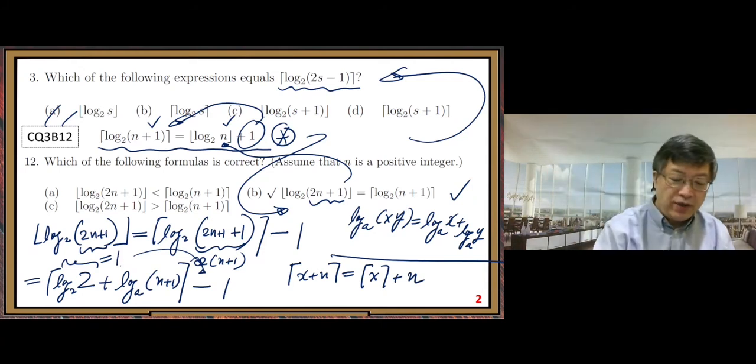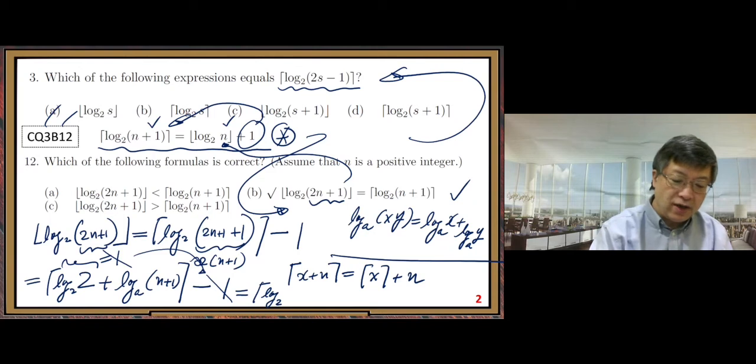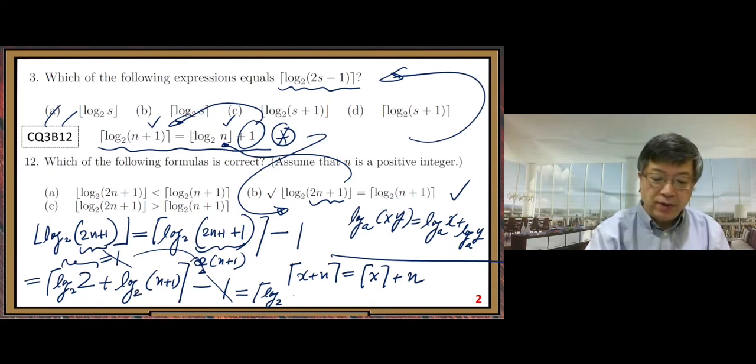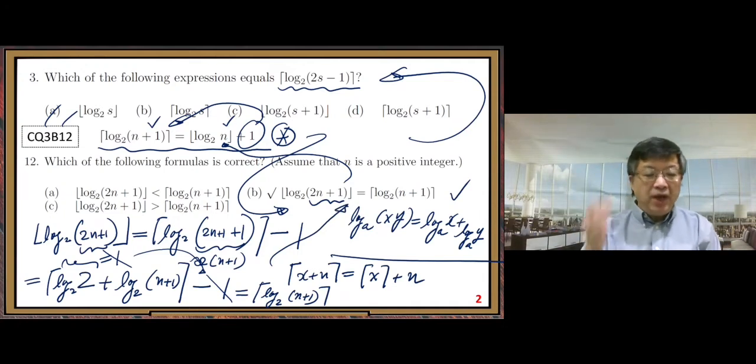Here we take this 1 out of the ceiling function. 1 and this minus 1 cancel out. So the answer is the ceiling function of log base 2 of m plus 1. So that is the B option.